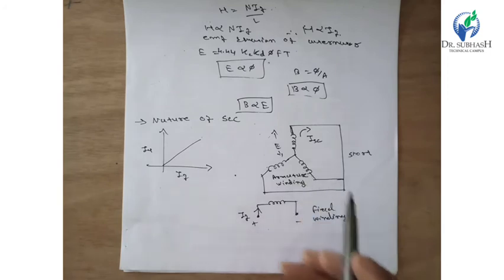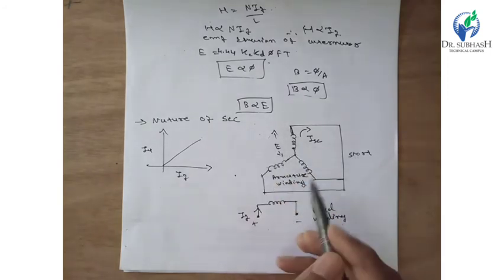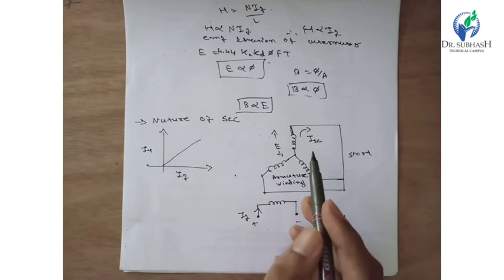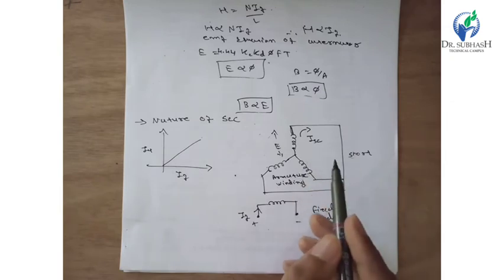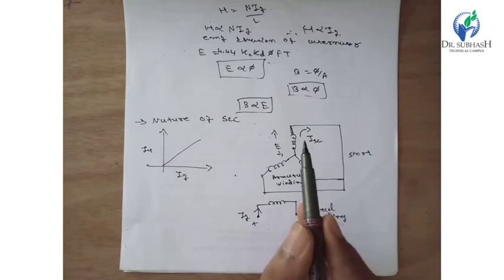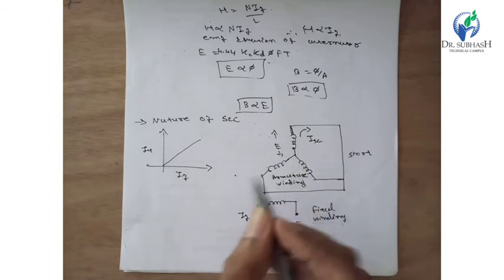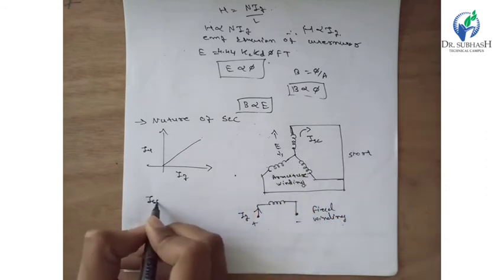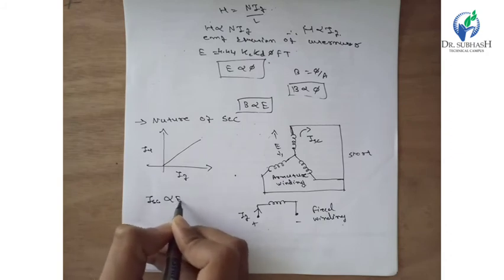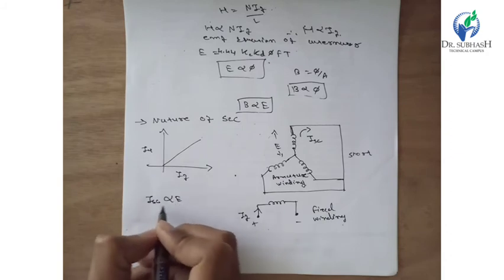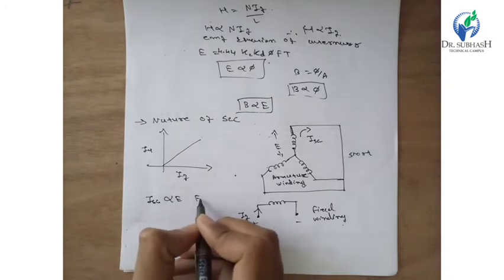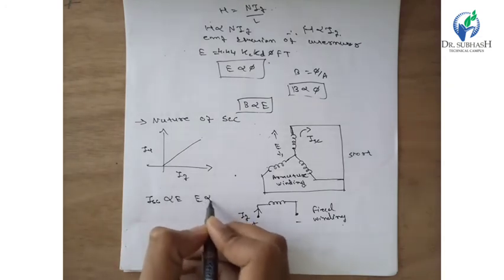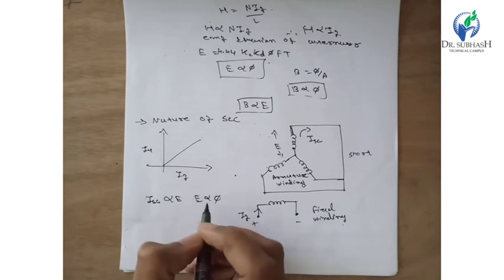When we draw the short circuit connection, the armature terminals are shorted and the field current is increased. The armature current, or short circuit current ISC, is directly proportional to the EMF, and the EMF E is also directly proportional to the flux phi.